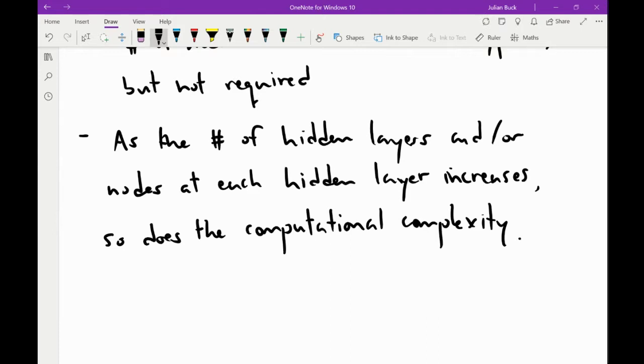Neural networks as a machine learning architecture got more popular as computational power available to normal people increased, right? Once upon a time, only big universities and research labs had supercomputers and so on. But now, with the advent of modern GPUs and so forth, this becomes a lot easier.